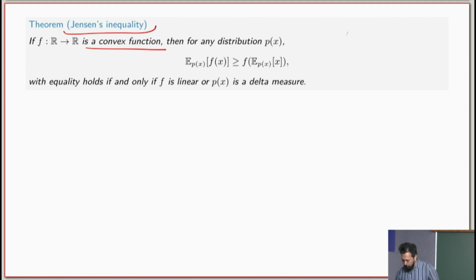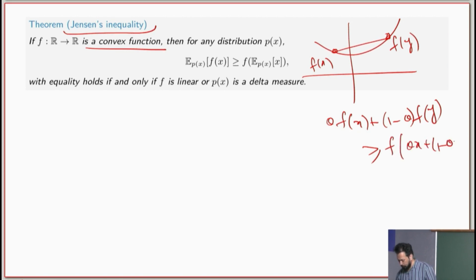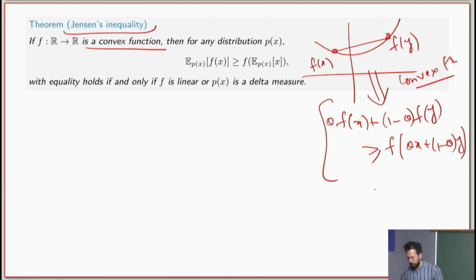What we remember is convex functions are like this, and the average of the function values f(x), f(y), which we write as theta f(x) plus 1 minus theta f(y), is greater than or equal to the function of the average value. This is the criterion for convex functions, and it is being extended here to the case where you are dealing with random variables.